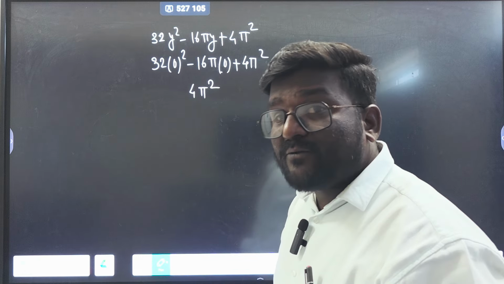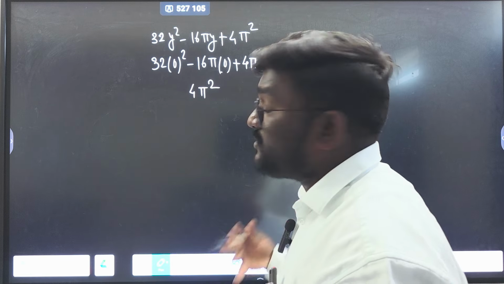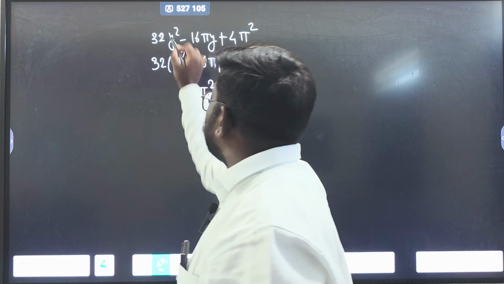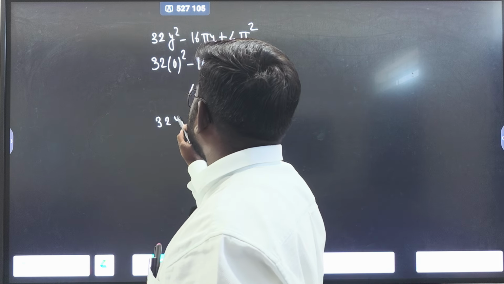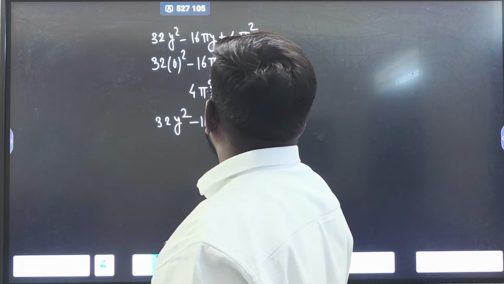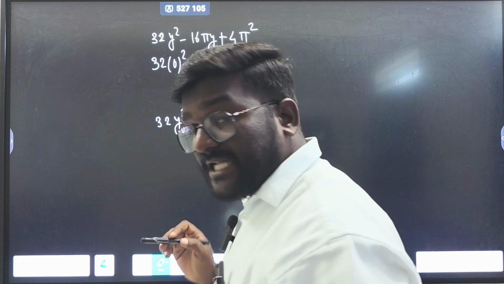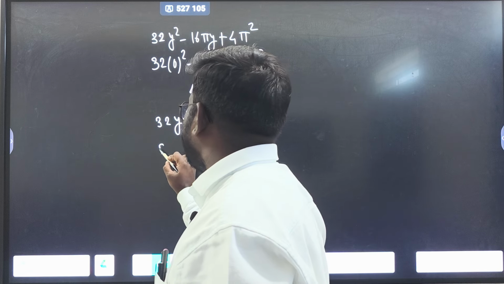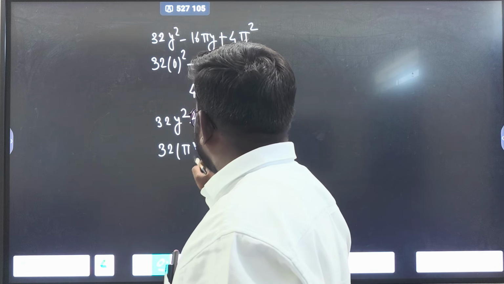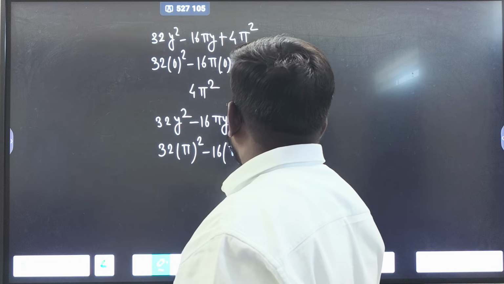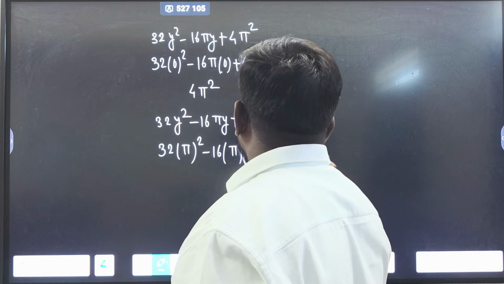Now again we have to calculate. We are going to put y equals pi in the same equation, that is 32y square minus 16 pi y plus 4 pi square. So it is 32 pi square minus 16 pi times pi plus 4 pi square.